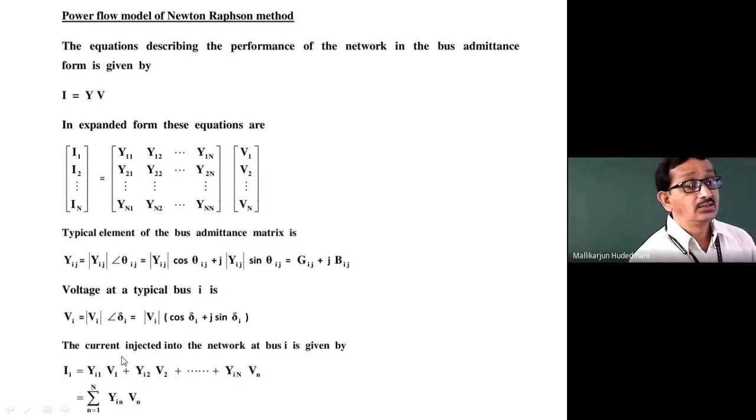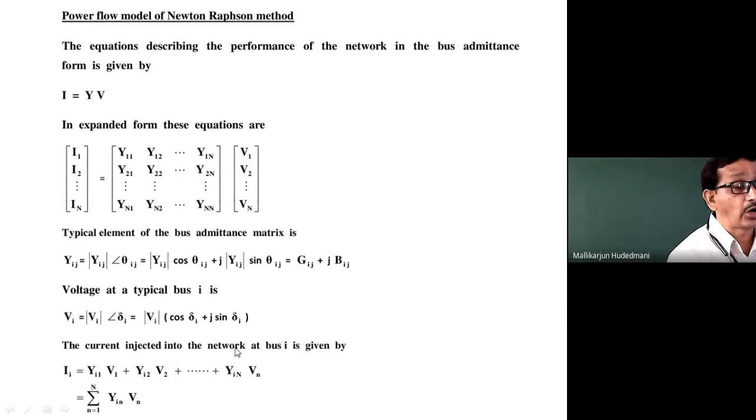Now you could see here the matrix form. If I expand for the ith bus current, it would look like this, which can be put in the form of compact notation: summation n equal to 1 to last bus capital N of Yin Vn.